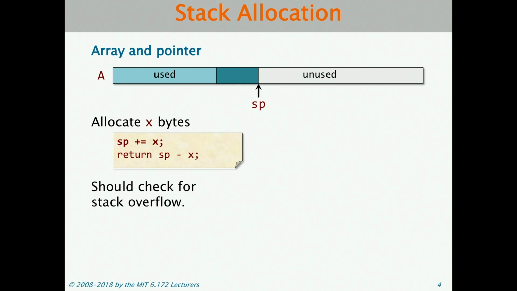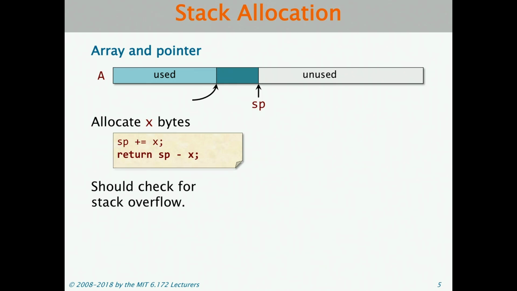But nowadays, compilers don't really check for stack overflow because your stack is usually big enough for most of your program, and when you do get a stack overflow, you just get a seg fault and then you go debug your program. So for efficiency reasons, the stack overflow isn't actually checked. Then it returns a pointer to the beginning of the memory that you just allocated. So it's just SP minus X.